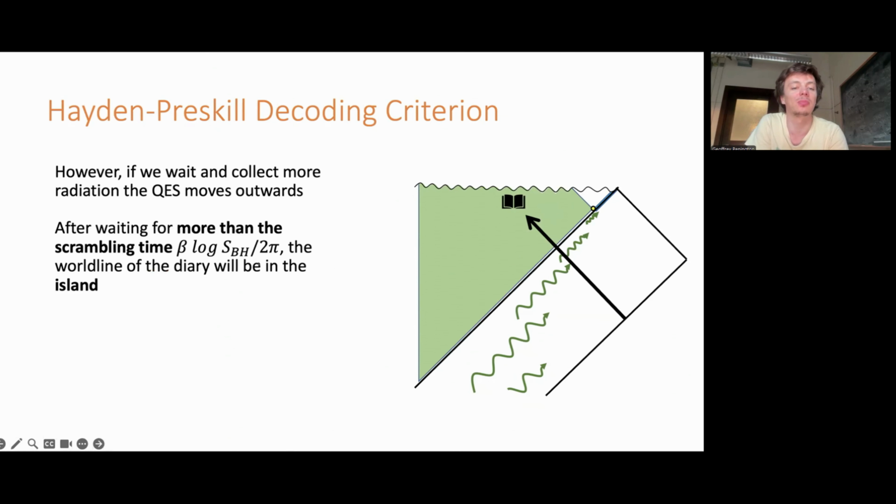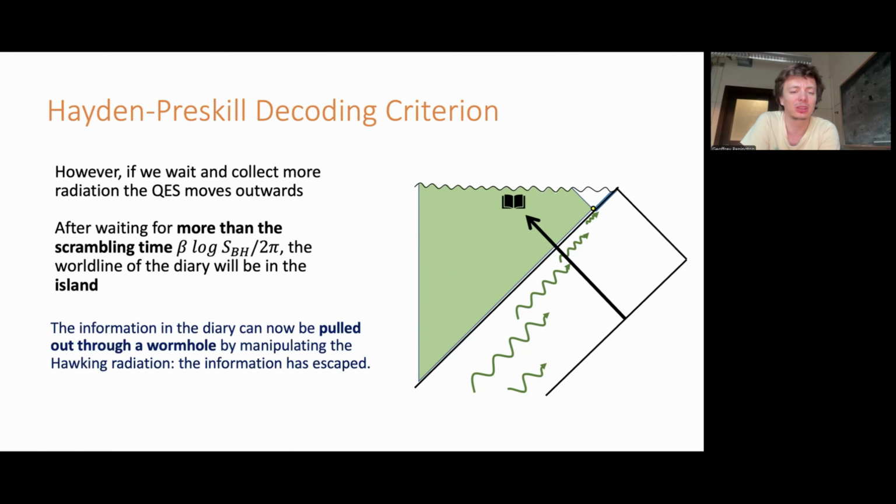It's given by this complicated formula that works out to only a few seconds for an astrophysical or even for a supermassive black hole. It's really pretty small timescales. And after you wait that long, then you can do some very complicated measurement on the radiation. It's too complicated even for the NSA, but in principle it can be done, and it can teach you what was in the diary.